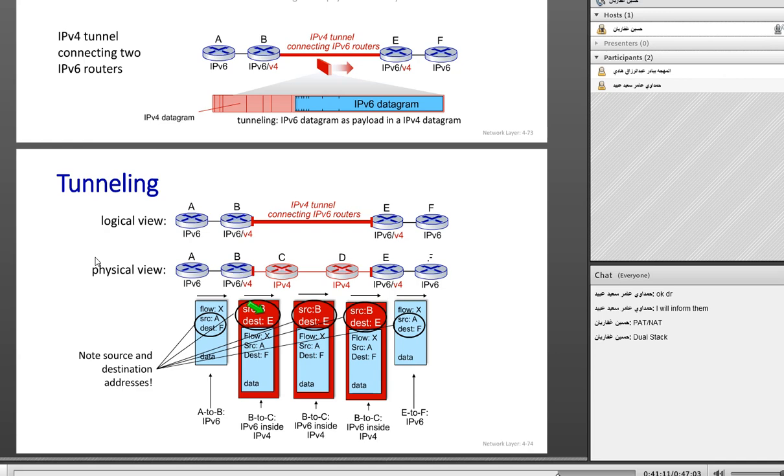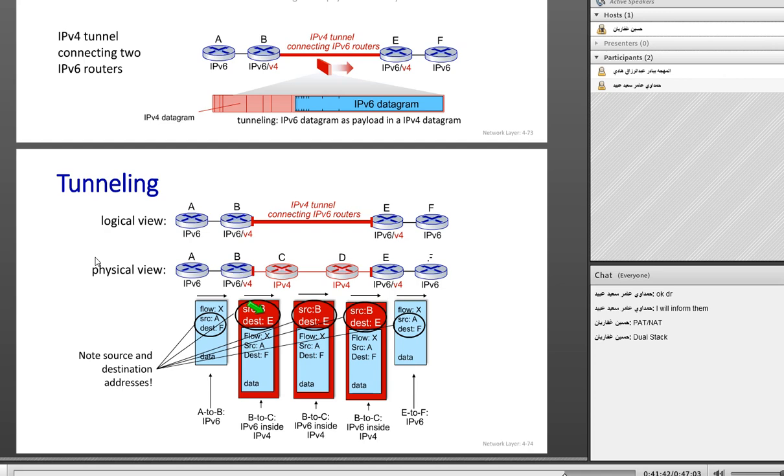However, in this case, we lose the flow label, because the flow label appears in IP version 6, but there is no space for a flow label in IP version 4.